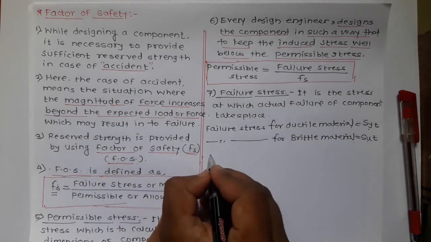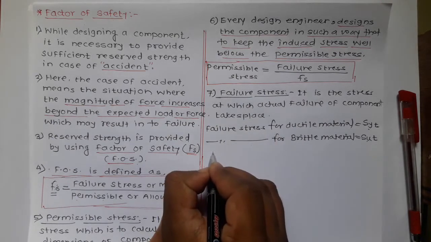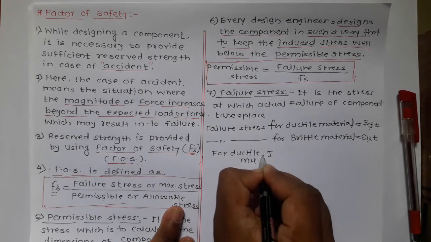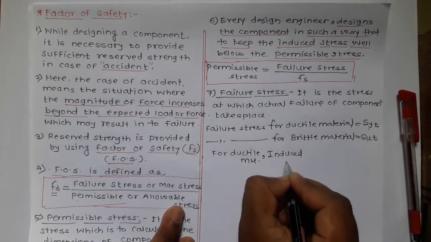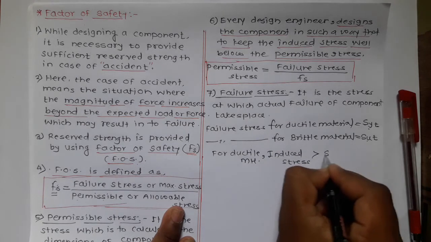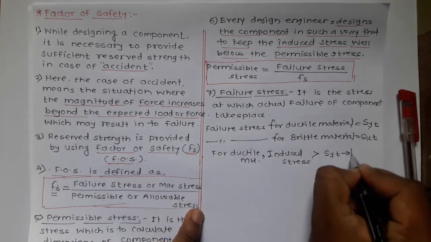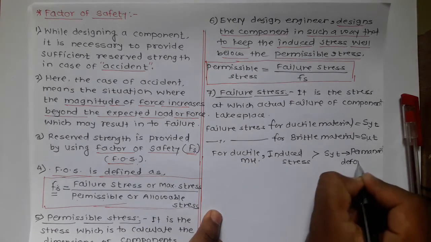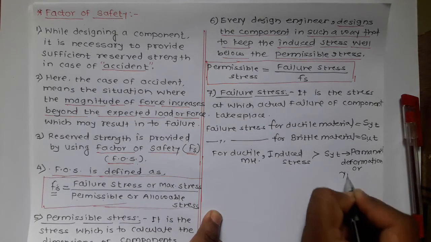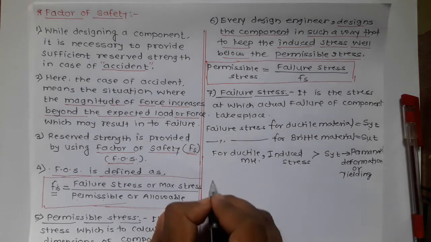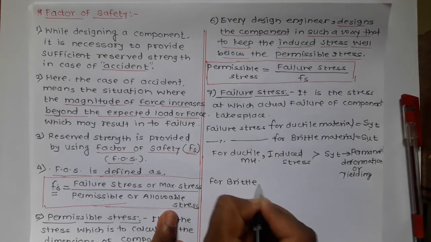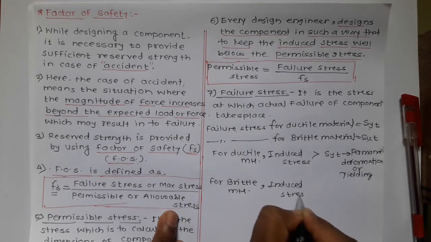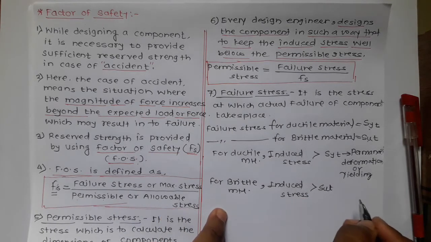Okay, just for your understanding, I will write this. For ductile material, when the induced stress exceeds the value of SYT, then permanent deformation occurs. That is, we call it yielding. And for brittle material, the failure occurs when the induced stress in the component exceeds the value of ultimate tensile strength, that is SUT.